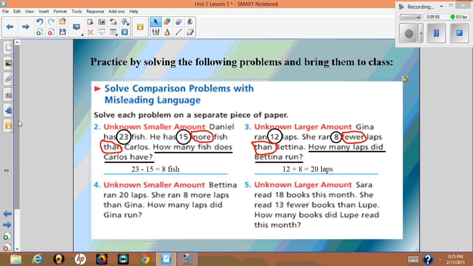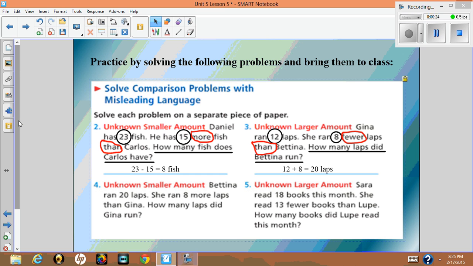Let's look. It says an unknown smaller amount. So Daniel has 23 fish. He has 15 more fish than Carlos. How many fish does Carlos have? Well, let's change the language. Carlos has 15 fewer fish than Daniel. How many fish does Carlos have?